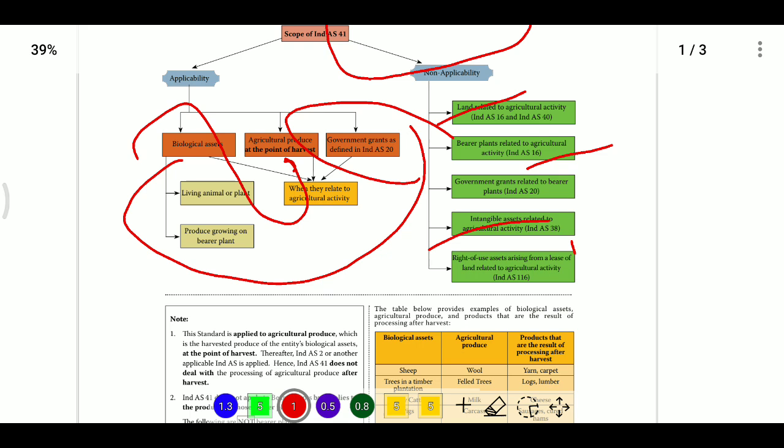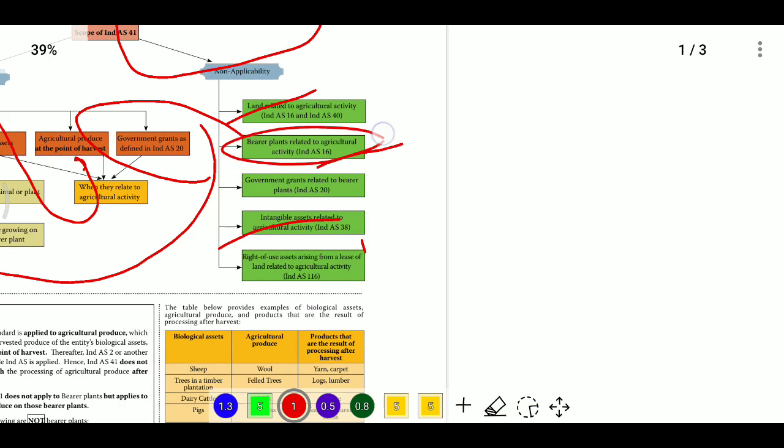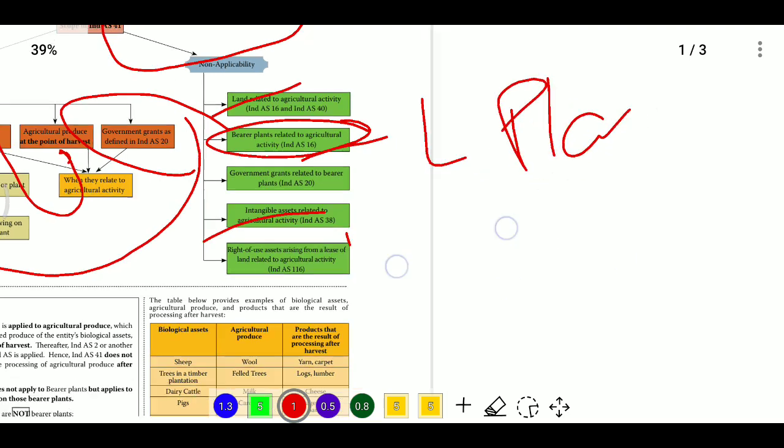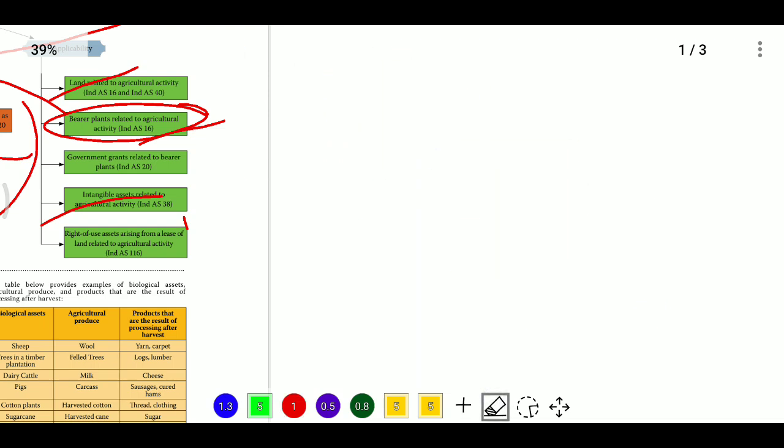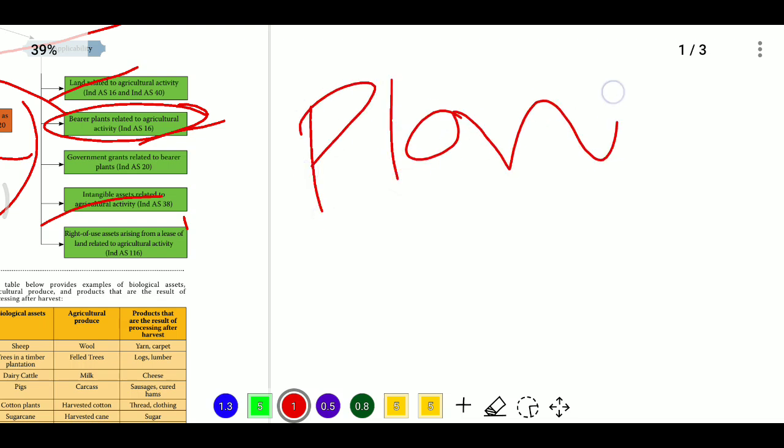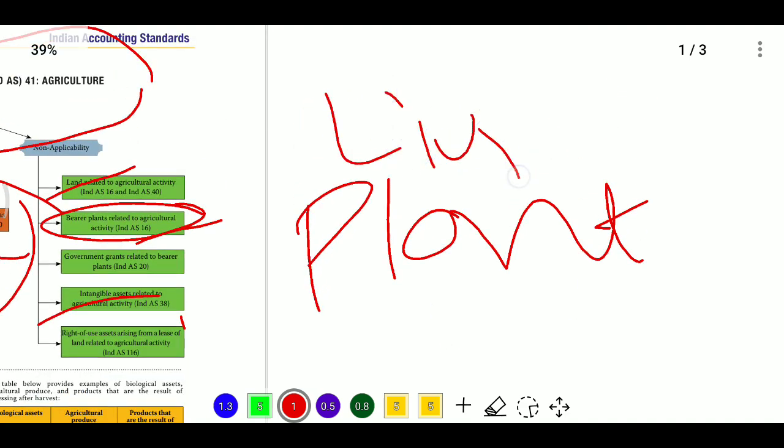For example, bearer plants. Bearer plants means living plants which are used in the production of agriculture produce for more than 12 months. Biological assets means simply living plants.